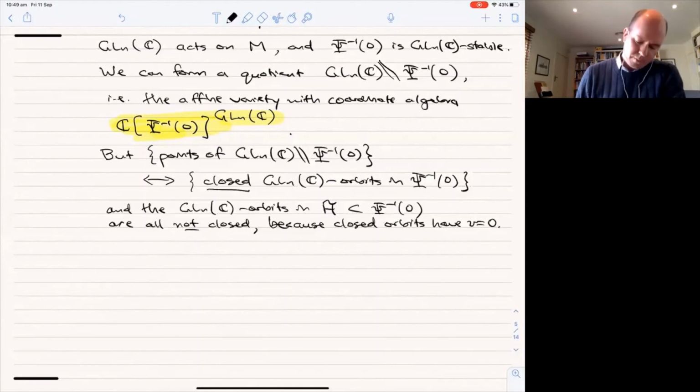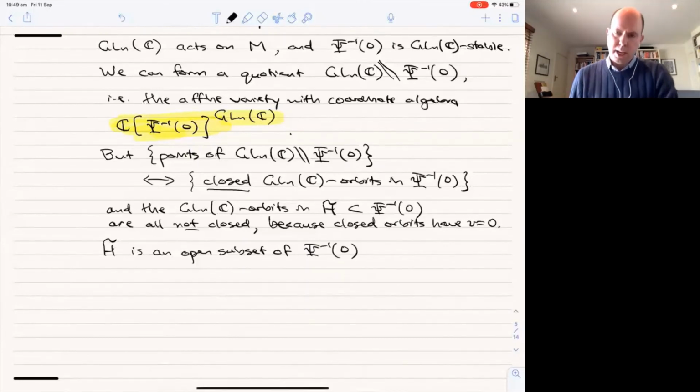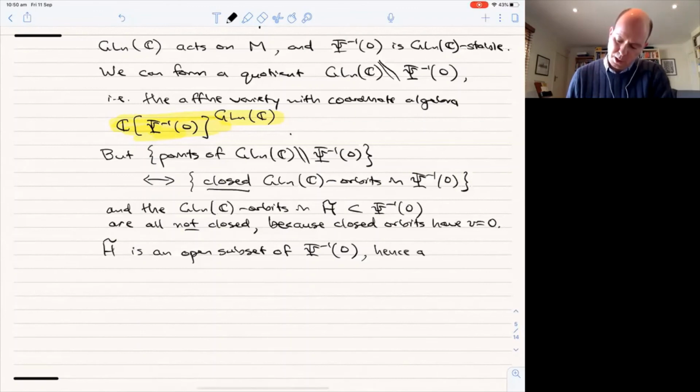Now, H tilde is an open subset of psi inverse of 0. The stability condition is an open condition in the Zariski topology. I'll explain why that is. As an open subset of an affine variety, this has the structure of a quasi-affine variety.